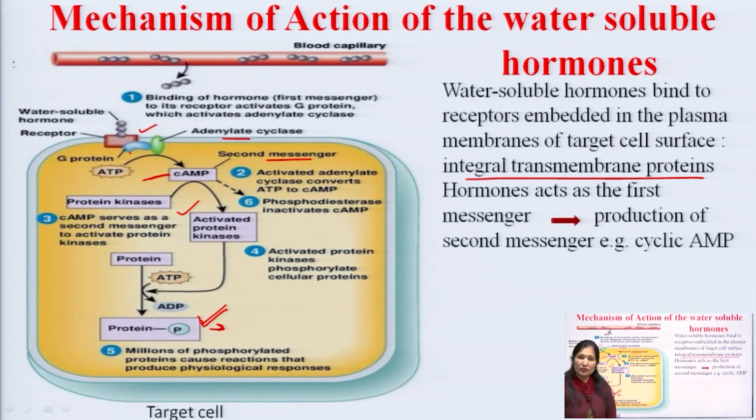These phosphorylated proteins either stimulate or inhibit the action, depending upon the enzyme that gets activated. So, there are a number of protein kinases which produce phosphorylation of the various proteins and enzymes, and that results in the action of the water soluble hormones. So, this was the mechanism of action.